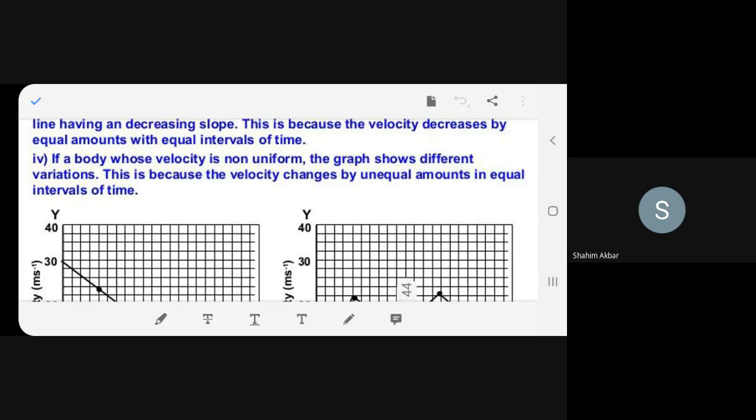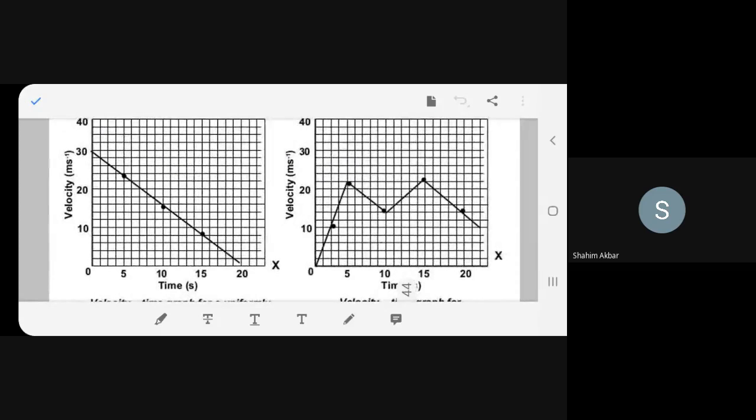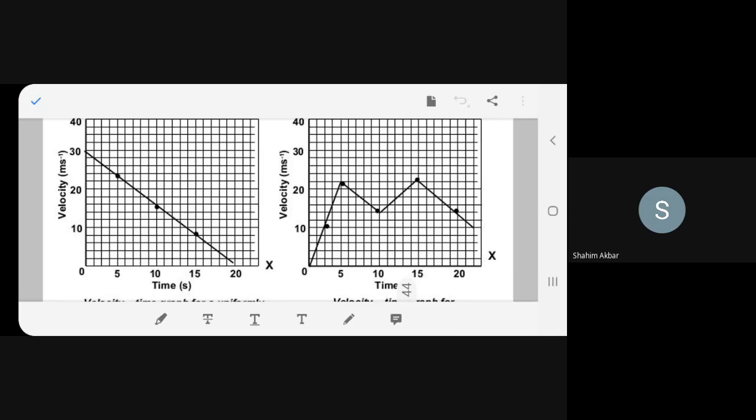If a body whose velocity is non-uniform, the graph shows different variation. This is because the velocity changes by unequal amounts in equal intervals of time. Now see over here. It is coming from the top, straight down. And earlier it was going up. Yes or no?